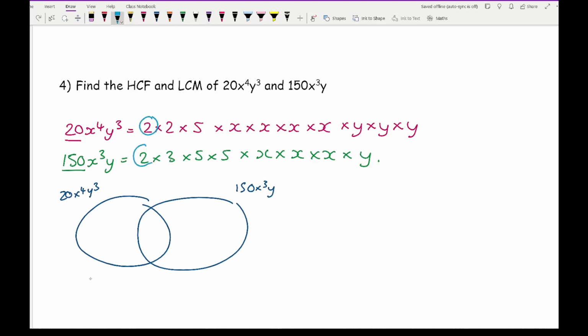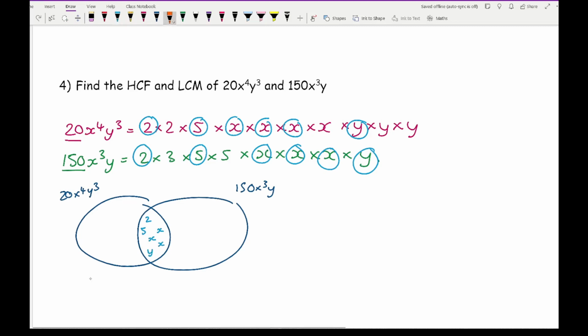So I've got a 2, I've got a 5, I've got 3 x's, so 1, 2, 3, and I've got a y. So then writing those in, and again this is where you want to make sure you've got enough space. I've got 2, 5, 3 x's, and a y.